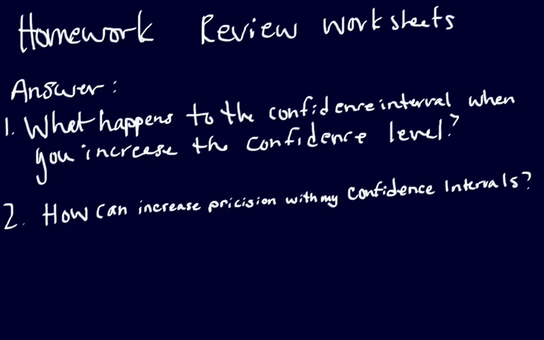This one's a little bit more complex. How can I increase my precision with my confidence intervals? In other words, if I'm trying to predict a value, like the example that I always use: you hear confidence intervals a lot when you hear the weather report. If it says there's a 20% chance of rain, a lot of this comes from this kind of statistics. And so here's a confidence interval that is completely accurate, but very, very imprecise.